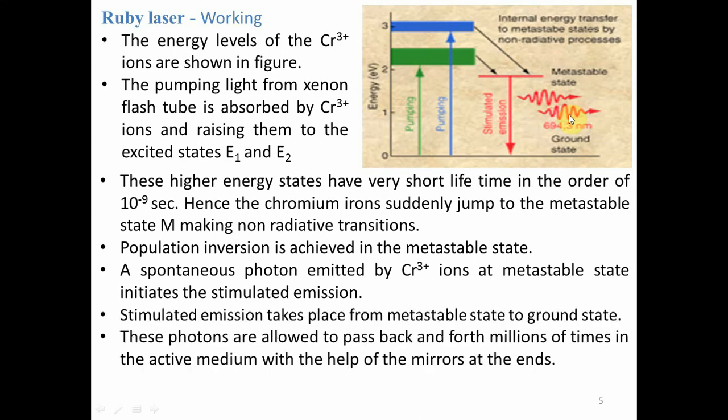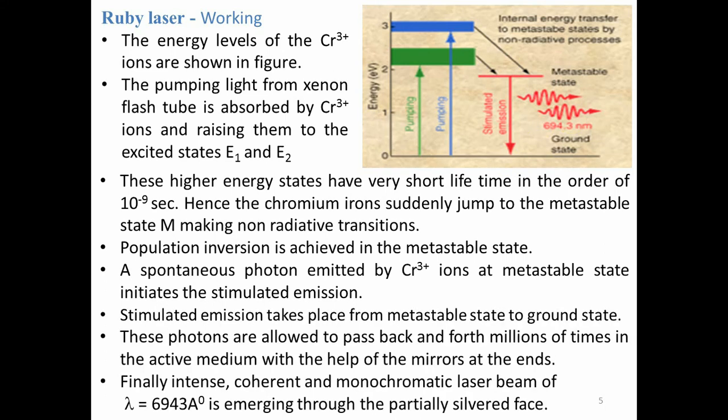The wavelength of the laser light is equal to 6943 angstrom, which is red in color. And these produced photons shuttle between the two polished faces a large number of times, and finally the powerful laser beam emerges out through the partially silvered face. This is the working of ruby laser.